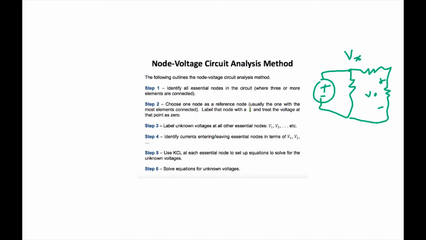For example, we know that there's a current leaving this battery. Let's call this Ix because it's going into Vx. So current's leaving this battery and coming into the Vx node. And then we can call this I0 leaving Vx because I0 will be supplying V0. And then we can call this down here I1.